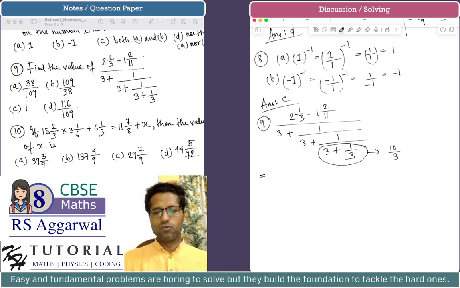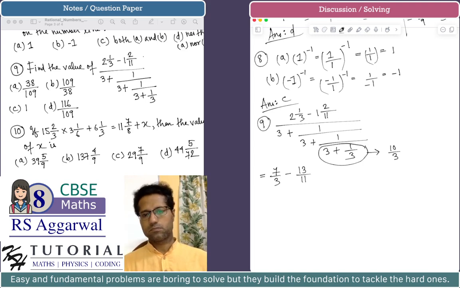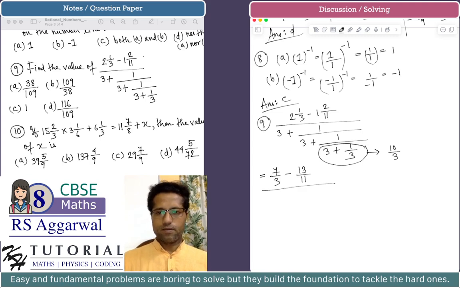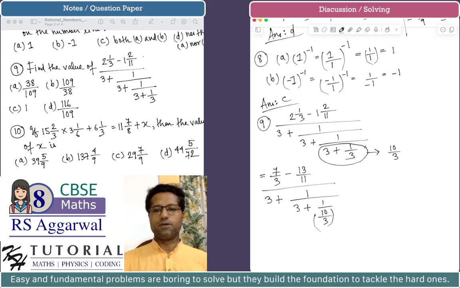So 2 and 1/3 is 7 by 3, minus 1 and 2 by 11 is 13 by 11. This divided by 3 plus 1 by 3 plus 1 by 10 by 3, because 3 plus 1 by 3 is 10 by 3.